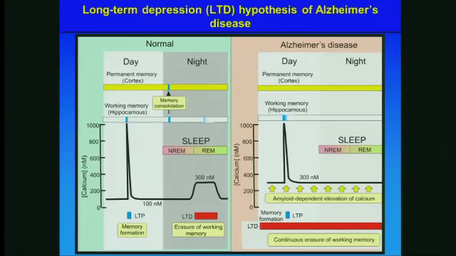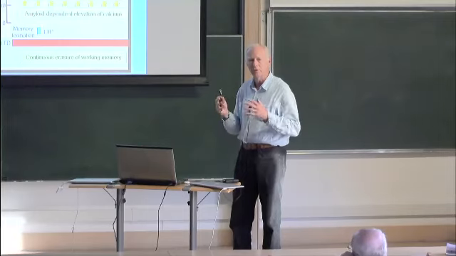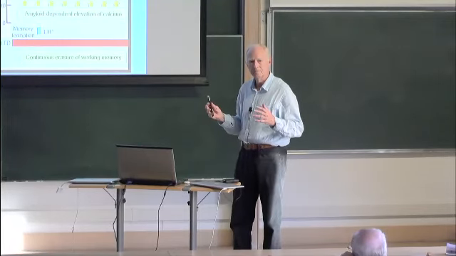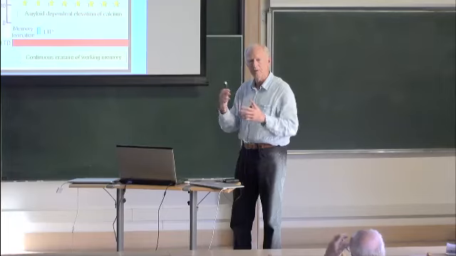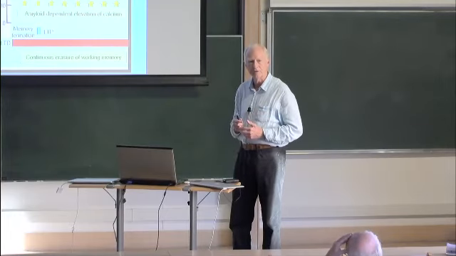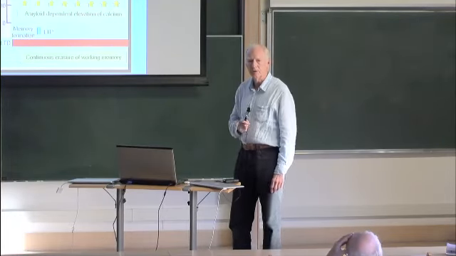All of the neurons are oscillating synchronously, and the calcium goes up to 300 nanomolar. And what happens, it wipes out all your temporary memories in your working memory. So when you wake up in the morning, your working memory is empty. You go about your daily business. Any significant memories are stored up in your hard drive.